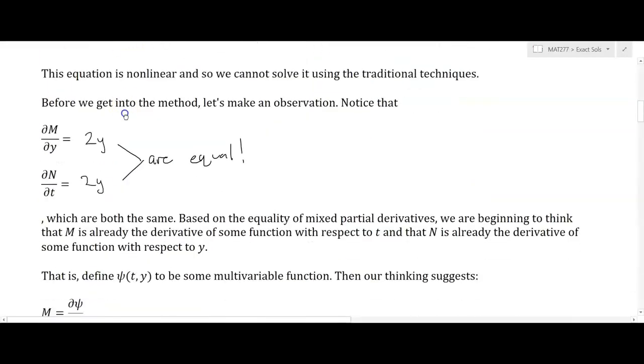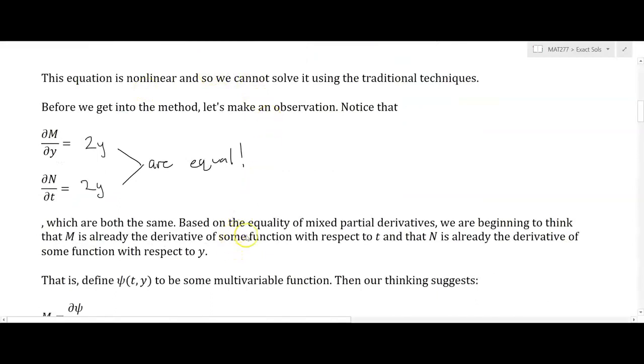When are partial derivatives equal? Well, based on the equality of mixed partial derivatives, we're beginning to think that m itself is already the derivative of some function with respect to t, and that n is already the derivative of some function with respect to y. Why am I saying that?